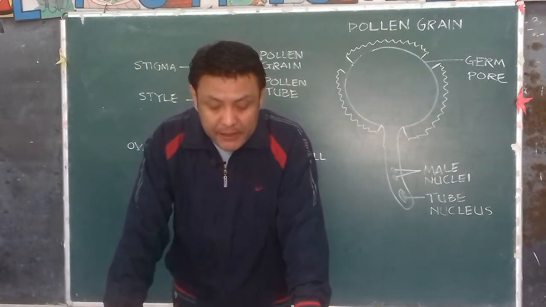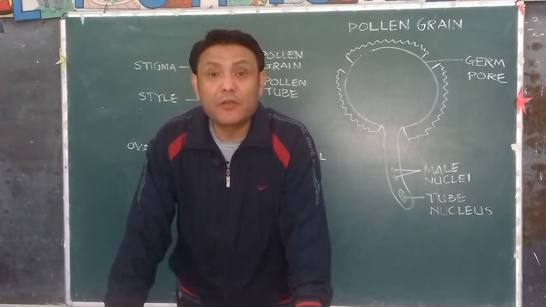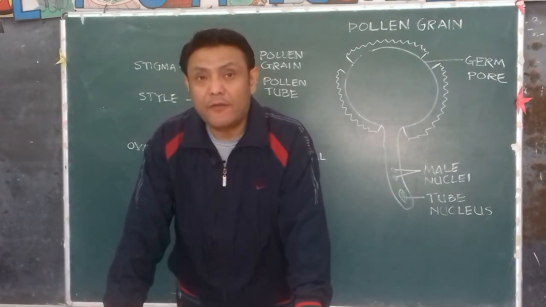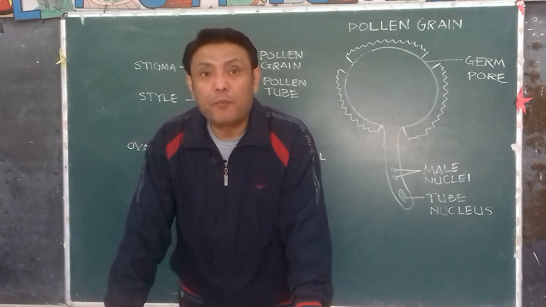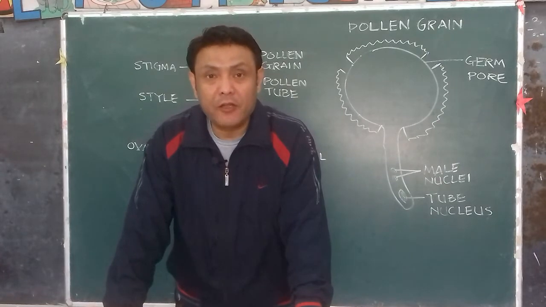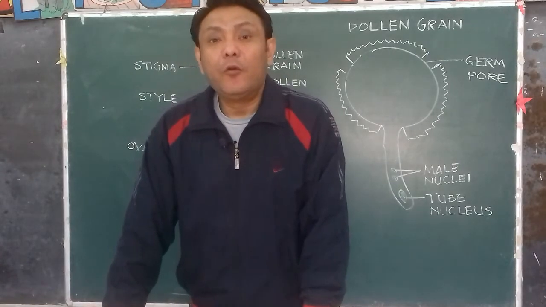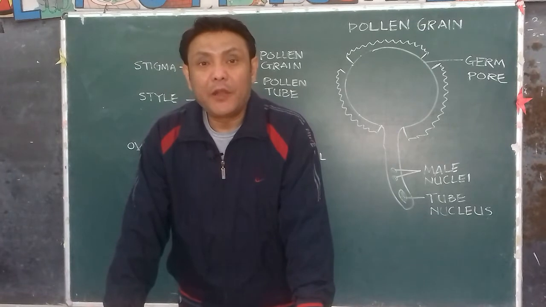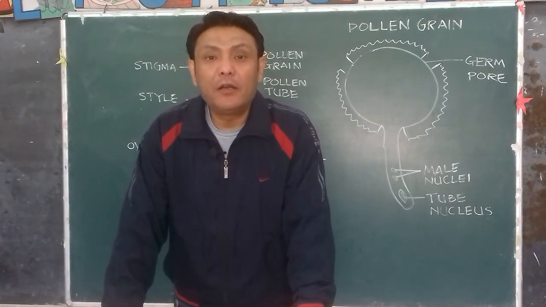Insects such as bees and butterflies visit flowers to collect the nectar, actually. As it visits one of the flowers, the pollen grains will be dropped on the body of the insect, bee or butterfly or whatever. Now that bee will go to another flower carrying the light pollen grains.